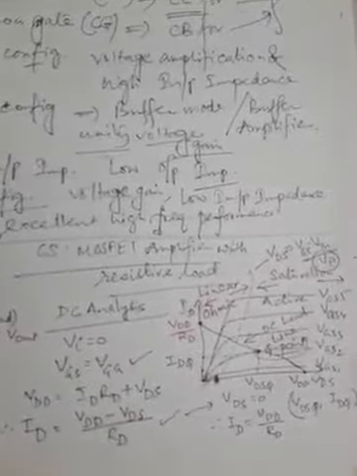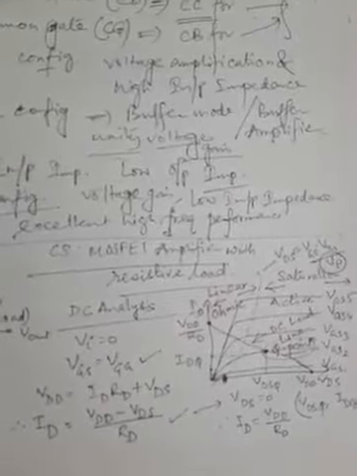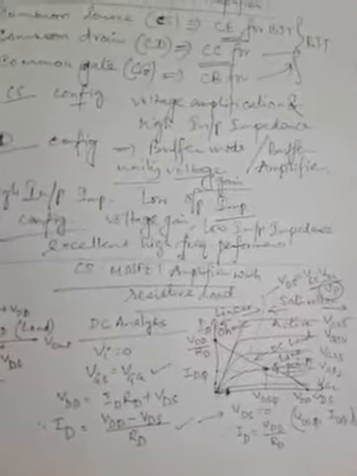Okay, so now in this case, let us draw another characteristic, which is the transfer characteristic for this DC analysis part. The transfer characteristic is drawn between, what is the meaning of transfer? It is a quantity taken from the input on one axis and output on another axis. It is input versus output.